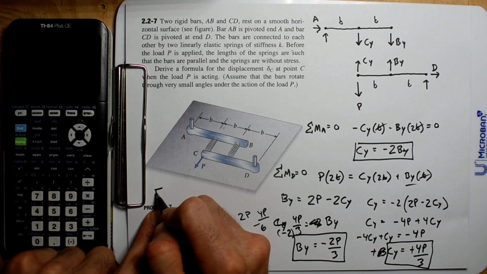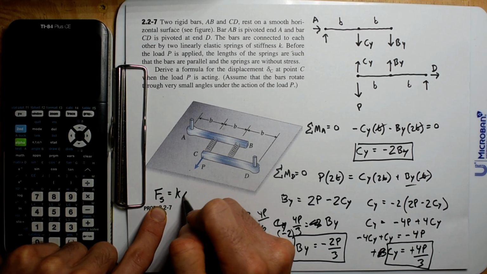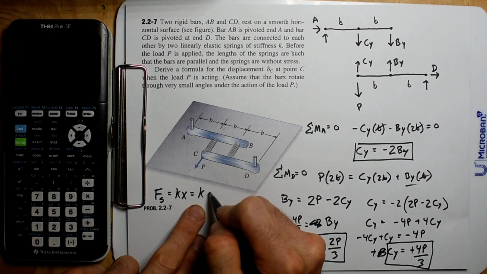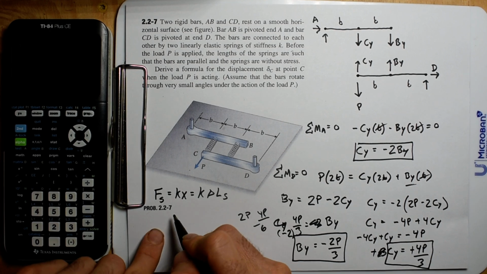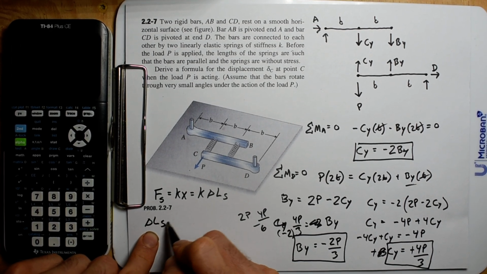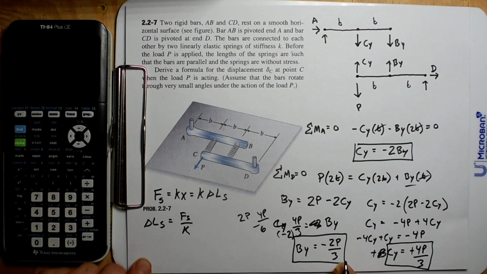So now we go to our force of a spring equation, which is the force of a spring is Kx. I like to think of it as K times the change in length of the spring. So if we wanted to solve for the change in length of the spring, we take the force of the spring divided by K. Let's do that with both.